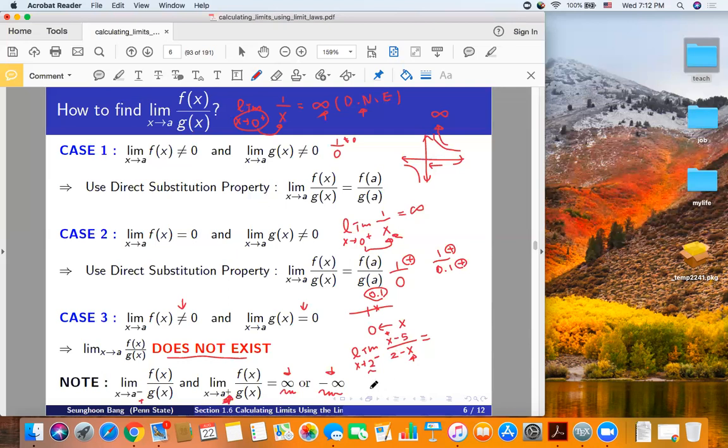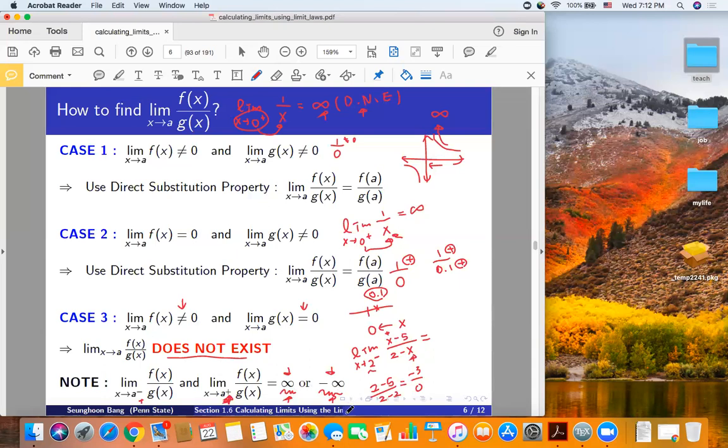What happens? 2 minus 5 over 2 minus 2 is negative 3 over 0 form. So we have two possible answers, infinity or negative infinity. How can you decide?